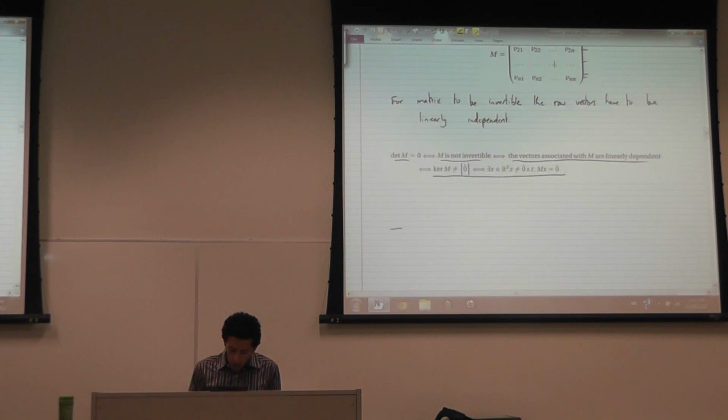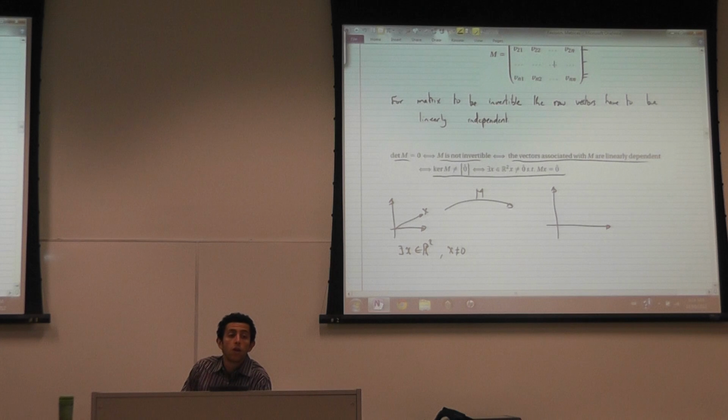It means the following fact by which a software knows whether a structure is stable or not. If m is not invertible, m takes vectors from here to here, let's say from R2 to R2. It means that there exists x in R2, x not equal to 0, yet when m takes x, I get 0.